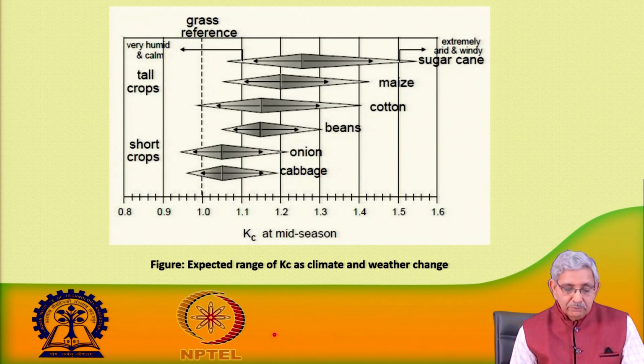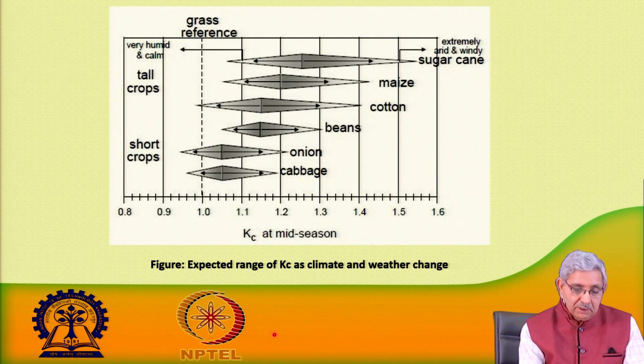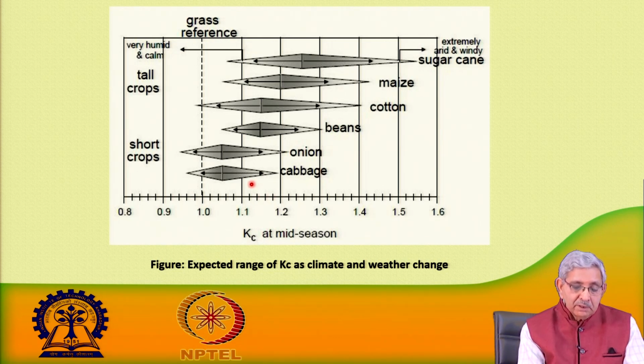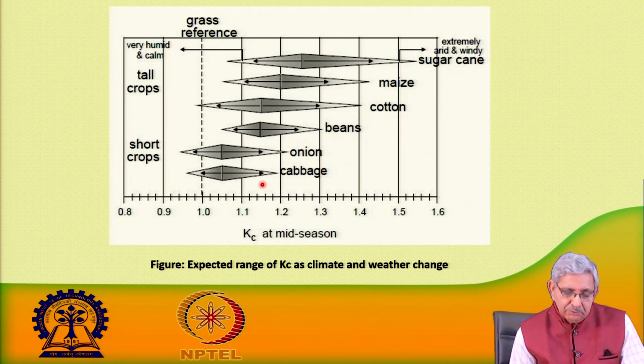Now, we can see from this particular figure that the Kc values range from 0.8 to 1.5. For short crops like cabbage and onion, in very humid conditions the Kc value is less than 1.1, or in some cases less than 1.2 at maximum.